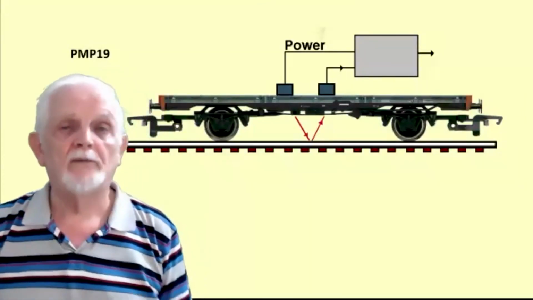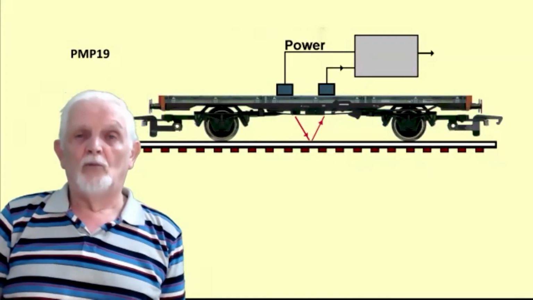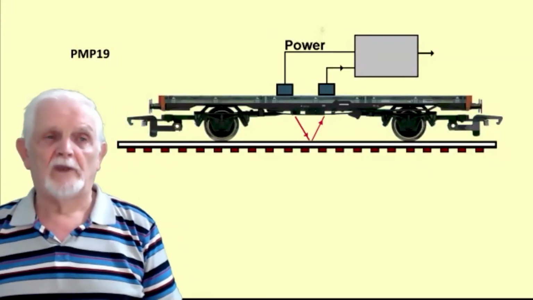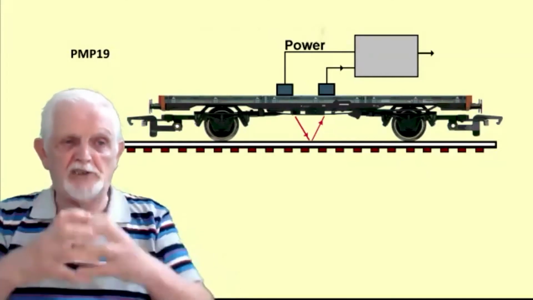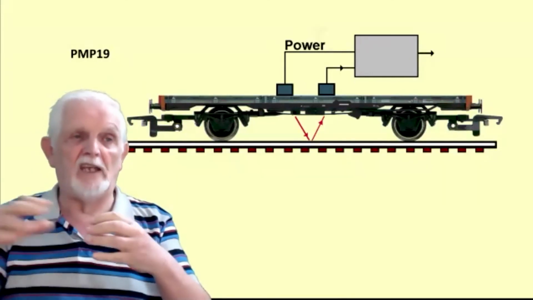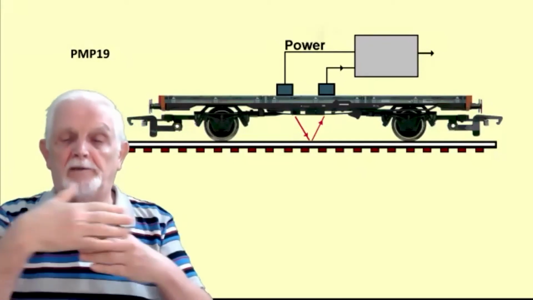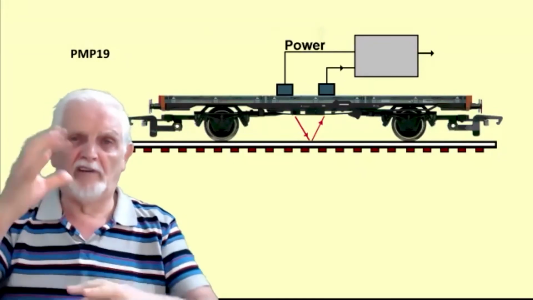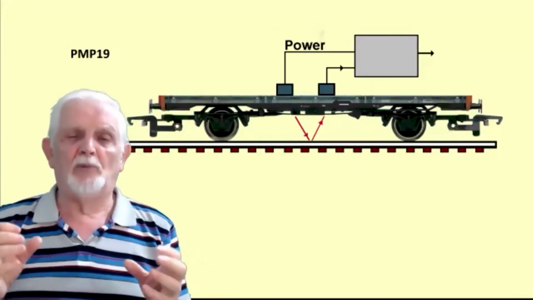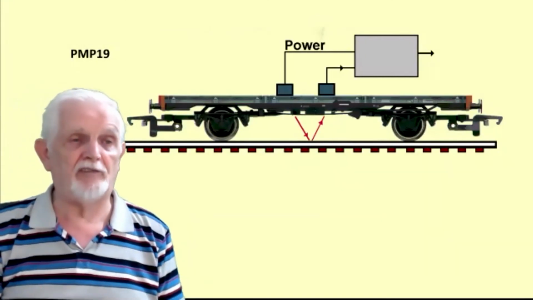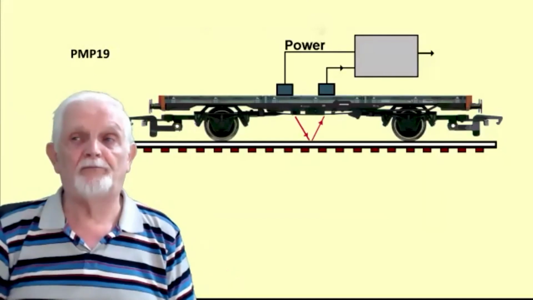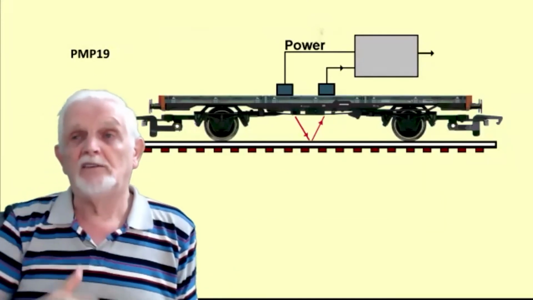Right. Now, that's reflection. But the reflection you saw a moment ago was from a stationary point, you're detecting moving objects passing by. What if we reverse that round and we say, we put the detection on the moving object, and it reflects off stationary objects, in this case, the track.